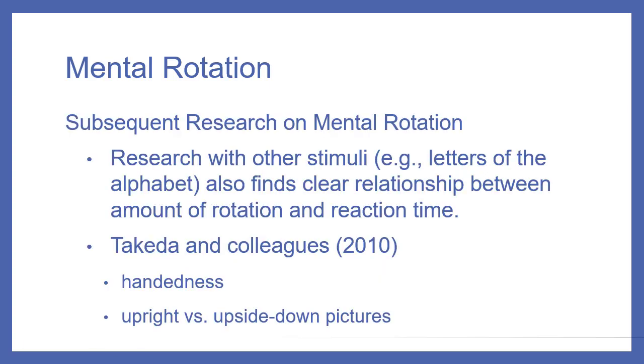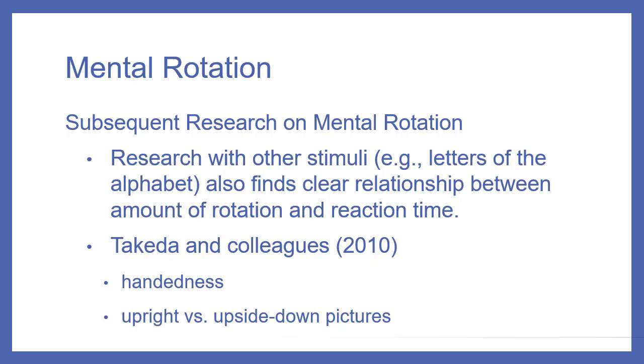Other stimuli, like letters of the alphabet, have yielded similar results in mental rotation. The more a letter of the alphabet, for example, is rotated, the longer it takes to make an accurate judgment of whether or not it matches another letter or is reflected. Same kind of thing with handedness, but there are some interesting findings there too.